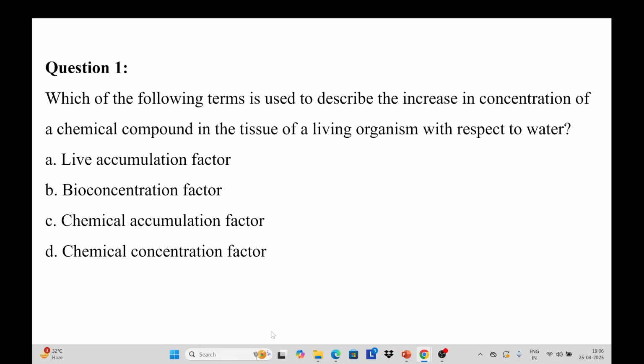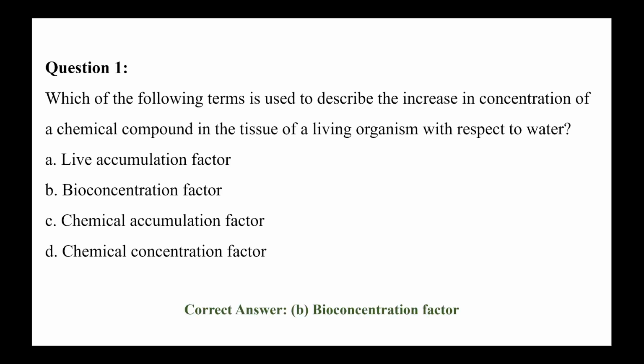Okay, let's see the answer. Option B is the correct answer, bioconcentration factor. Very good. So bioconcentration factor, as you can see in the question, is basically the amount of any chemical compound. These chemical compounds are generally synthetic compounds which cannot be degraded and they remain in the environment for a long time.